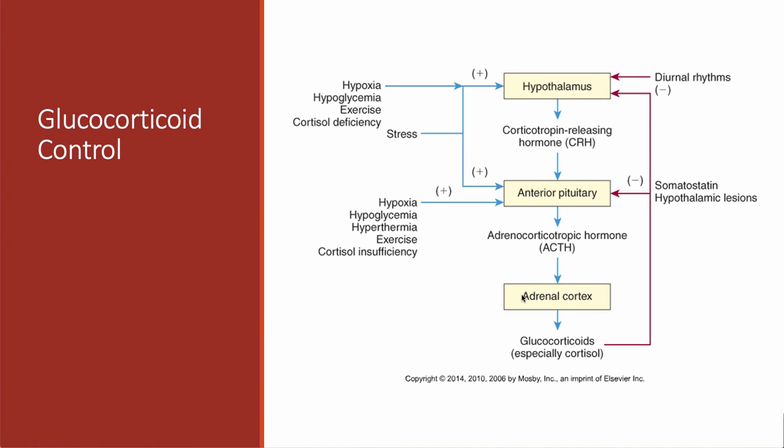That sends the hormone out to the circulation, and the adrenal cortex picks it up and produces cortisol and the other glucocorticoids. Then there's a negative feedback loop. When the amount of cortisol is just right, then the hypothalamus slows down production of CRH, and the anterior pituitary slows down production of ACTH, and that's what maintains homeostasis.